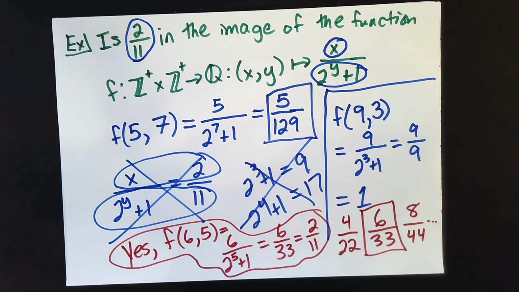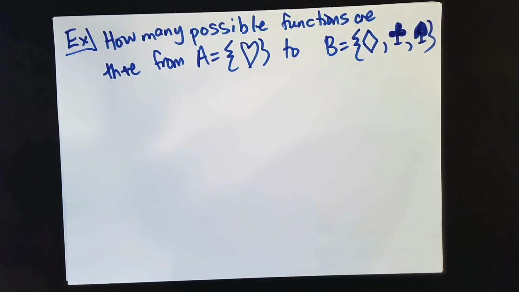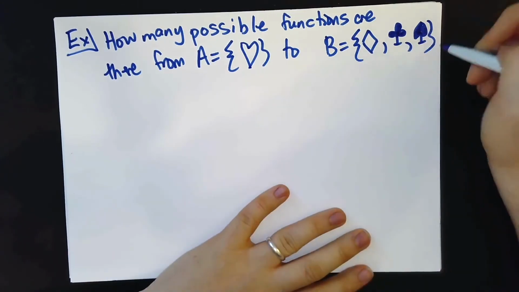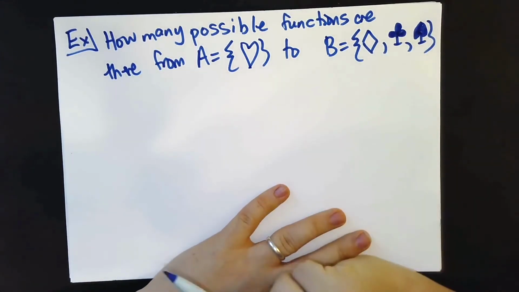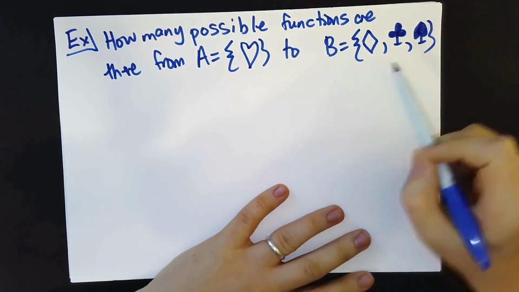I want to think a little bit about what it takes to describe a function. And so I want to think about all possible functions between some particular sets. So to start with, let's ask the question, how many possible functions are there from the set heart to the set diamond, club, spade?